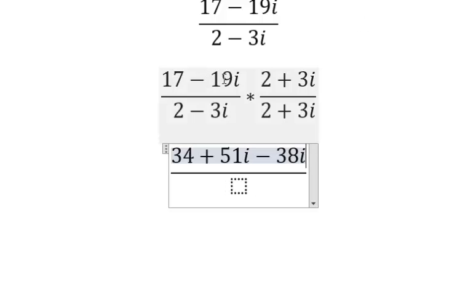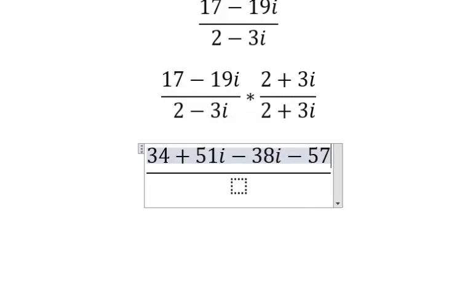And negative 19 times 3, that will be minus 57.